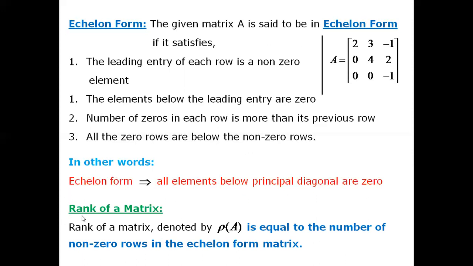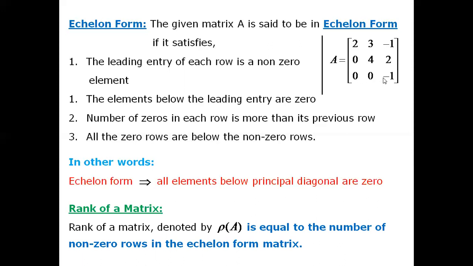So the rank of a matrix will be calculated like this, which is nothing but the number of non-zero rows in the echelon form matrix. For example, in this matrix, which is an echelon form matrix, you can count there are 3 non-zero rows.